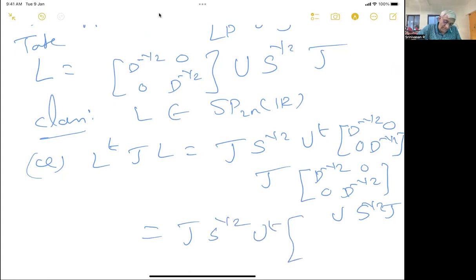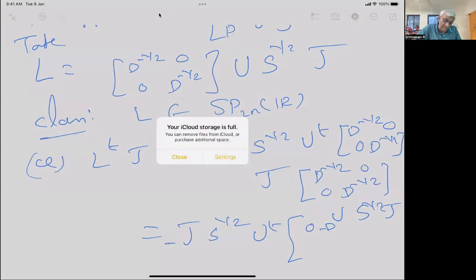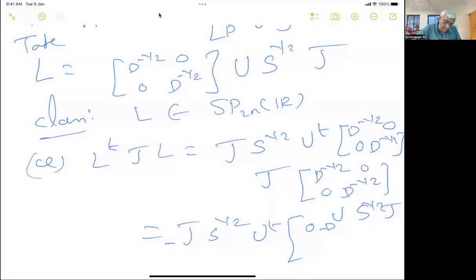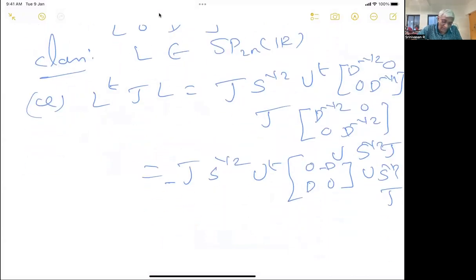It's a minus here, 0 minus D. If you multiply the middle one, you should get it. The minus D will come down and D will come down, so you get a minus out. Then this becomes J, and now U transpose.